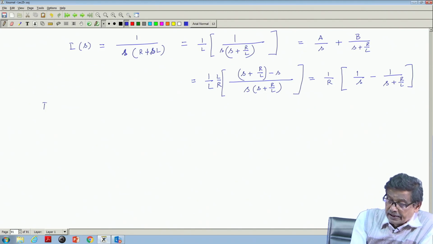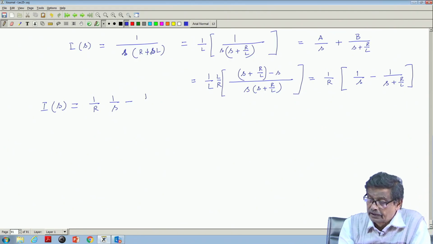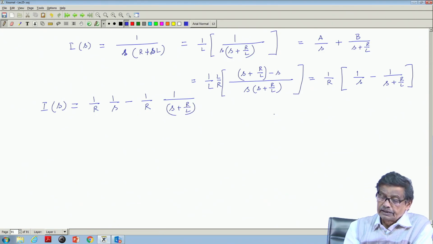So I(s) will be equal to 1 over R into 1 over S minus 1 over R into 1 over S plus R by L. Isn't it? This is the thing.